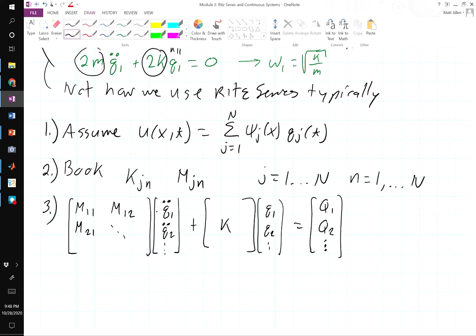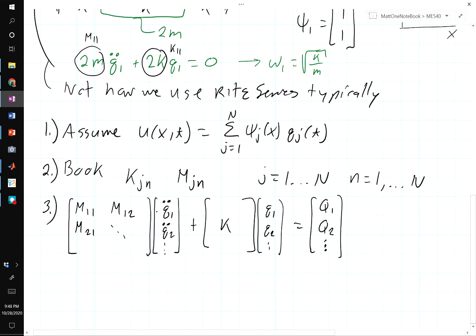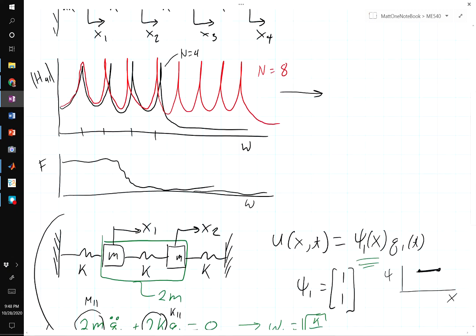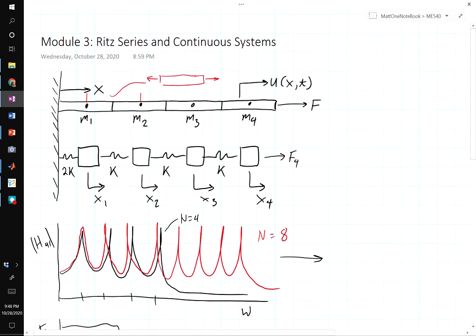And the key thing we have to remember is that these are amplitudes of basis functions. They're not the displacement of anywhere on the beam, right? They're an amplitude of a shape function. So they don't tell us directly what the displacement of any of these masses are.